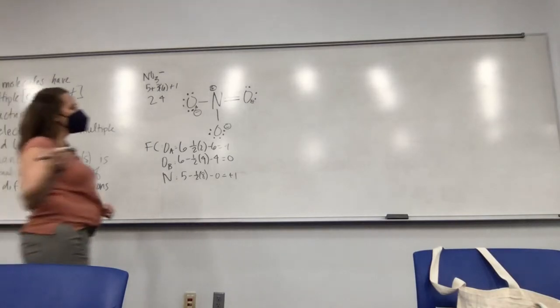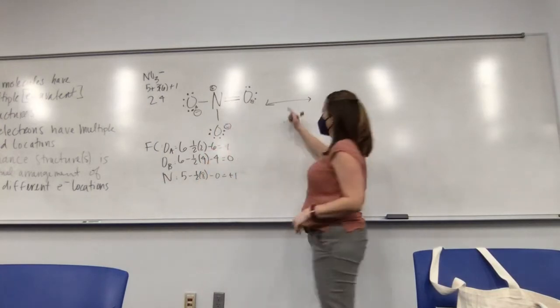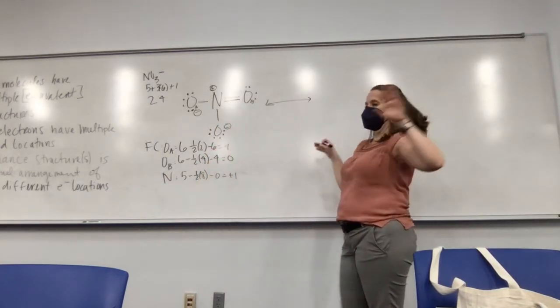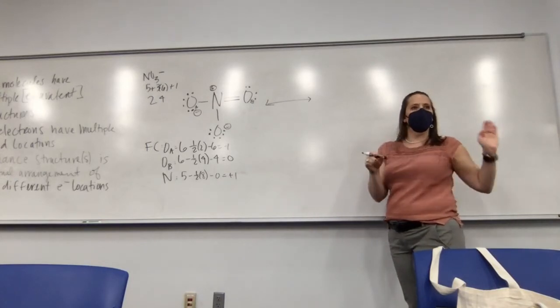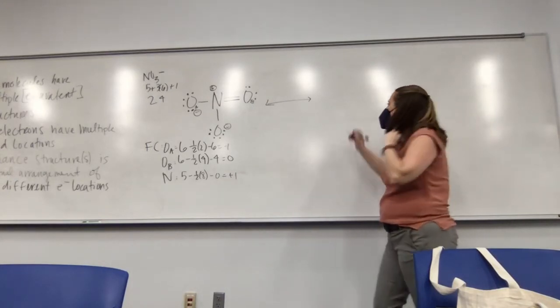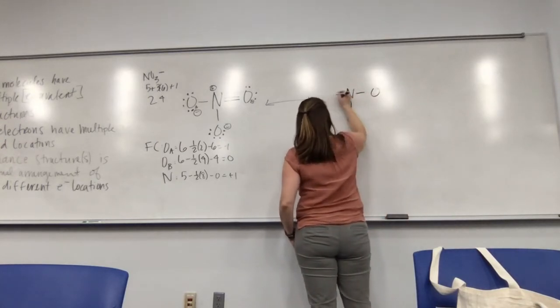So when you draw those, we include what are called resonance arrows, which are a double barbed arrow, so arrowheads on both sides. And that means it requires no energy to get from one side to the other side. So from here, we have this.